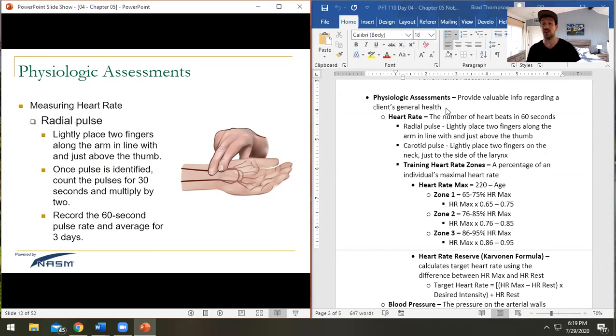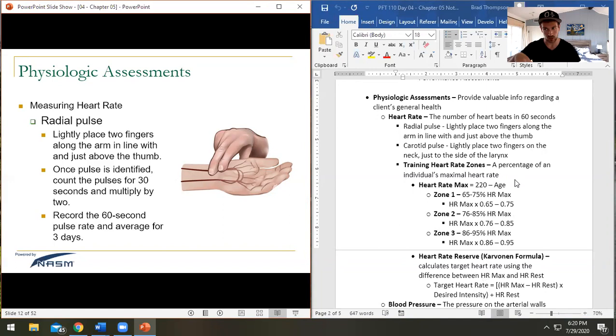Or let's say you're doing fitness assessments like the Rockport Walk Test or the YMCA 3-minute step test, which are assessments we're going to look at in just a minute. Those have specific rules. The YMCA 3-minute step test, for instance, is designed for it to be a 60-second test after it's over, because you are measuring how their heart rate slows down, not what their heart rate is at the end of the test.